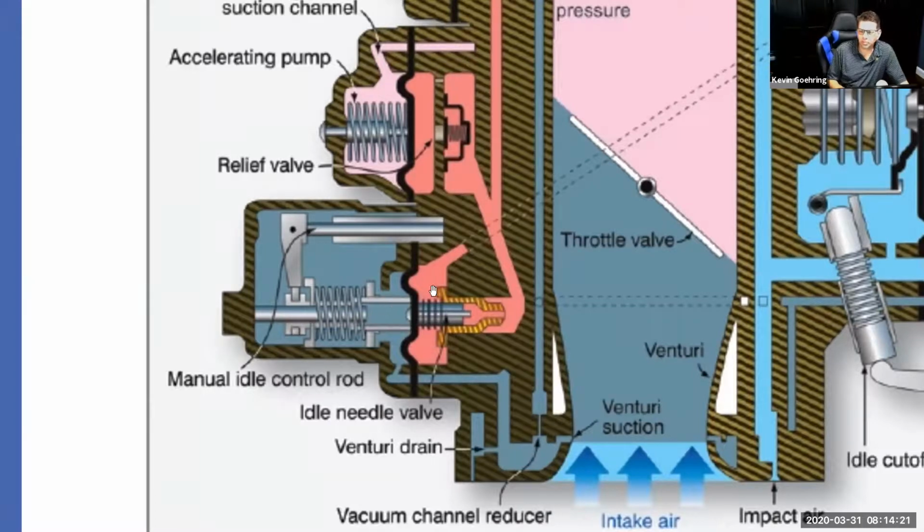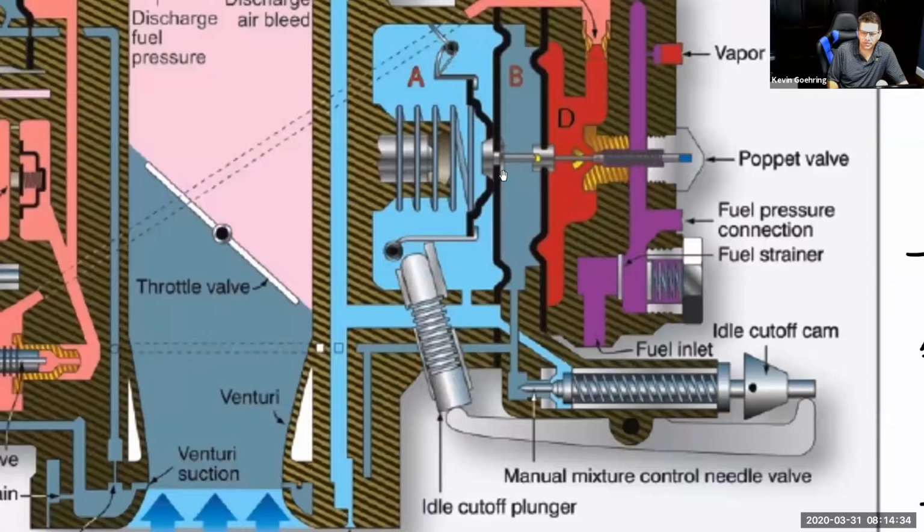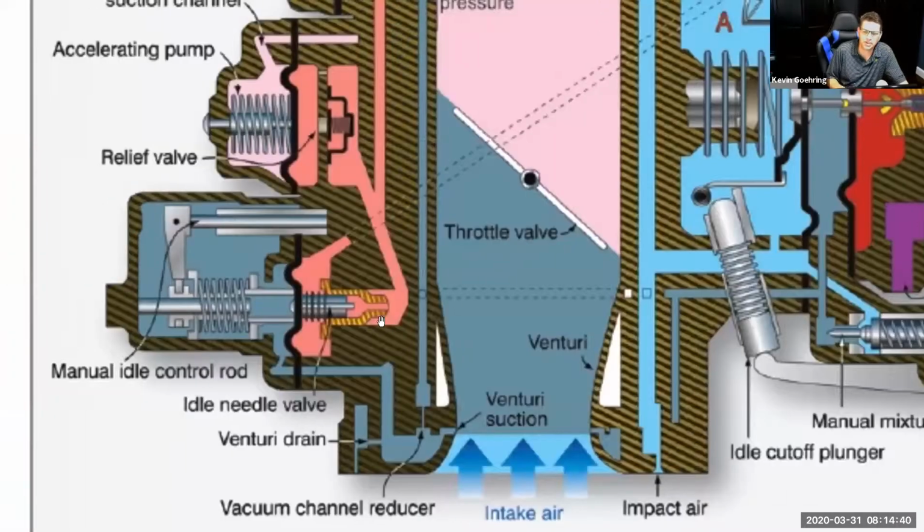So at some point, if the throttle is closed, you're not going to get much Venturi suction. And if you're not getting much Venturi suction, then you're not going to have the poppet open very far. And if you don't have the poppet open very far, you're not going to get much fuel going into chamber C. If you don't get much fuel going into chamber C, you're not going to get much pressure pushing on this diaphragm. So we don't have much vacuum, and we don't have much pressure.